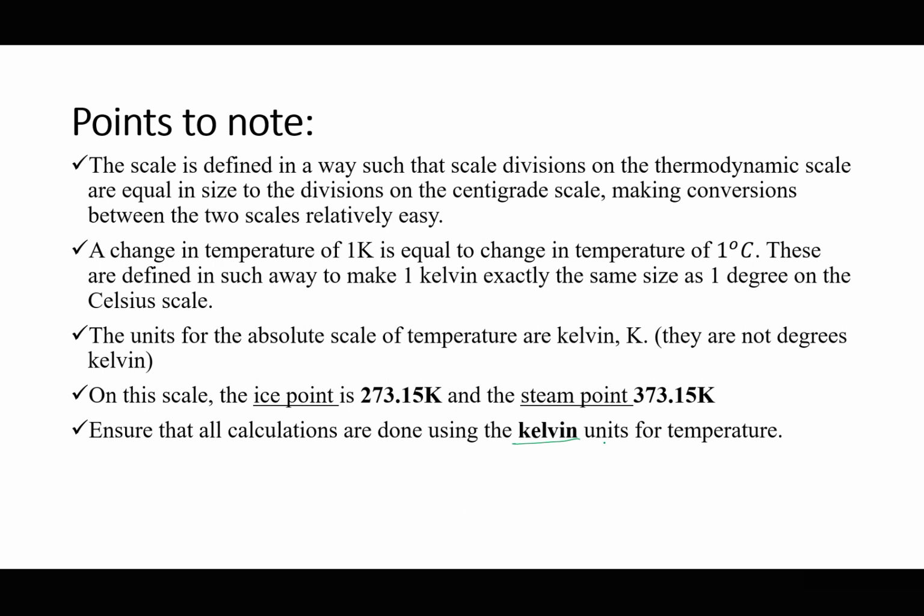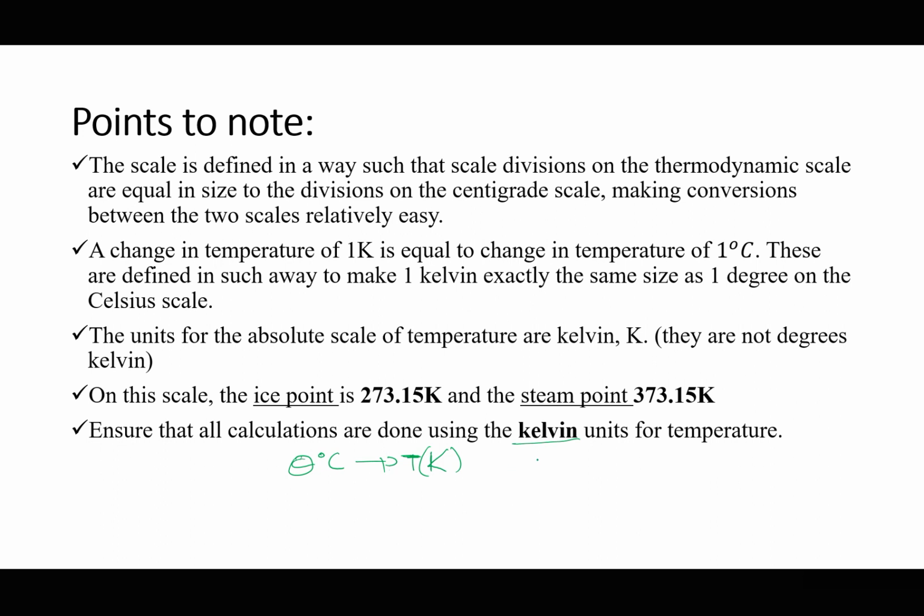At this point, I expect that people should now be able to convert. So to convert from degrees Celsius to Kelvin, of course, I'll use capital T for temperature in Kelvin, and theta for temperature in degrees Celsius. It is very easy.